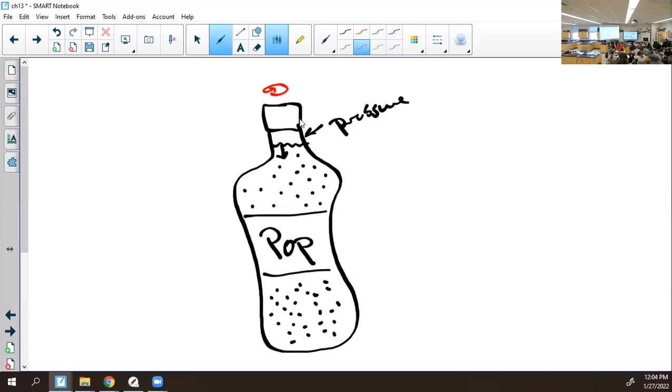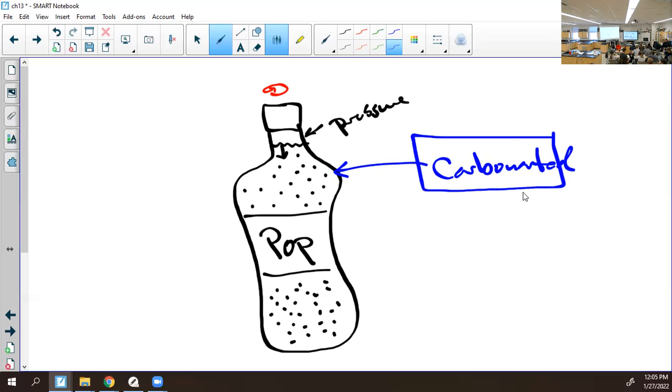All right, kind of ready for something you maybe don't care about, but kind of cool. Drinks that have fizz, we call them carbonated, right? How come? They have carbon, but also, what is this?